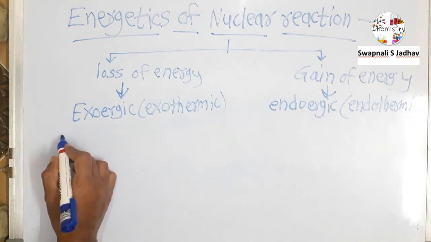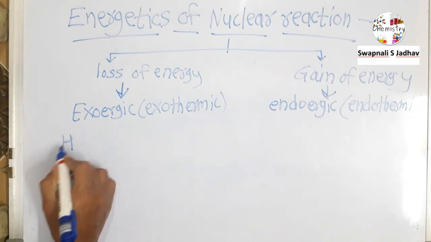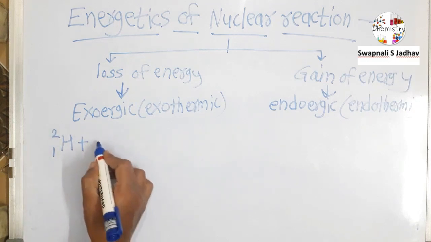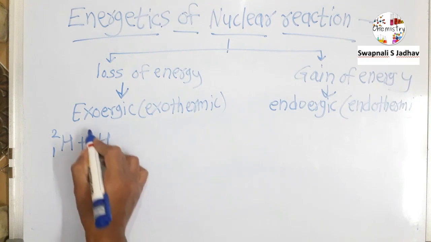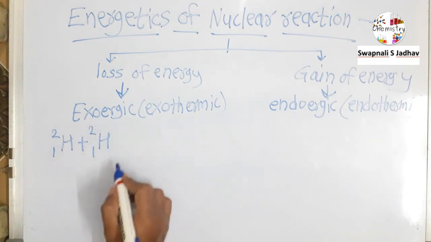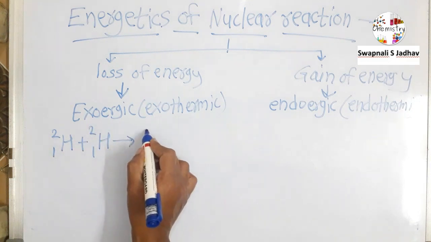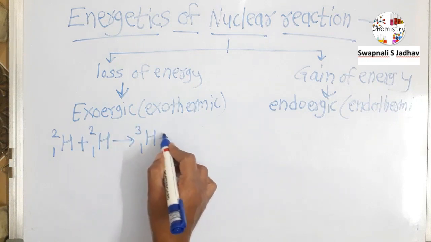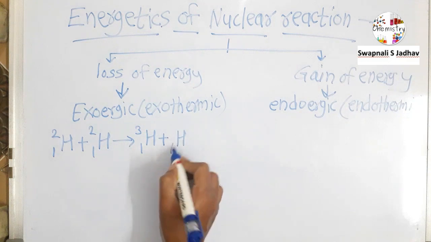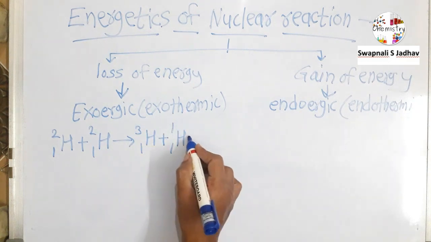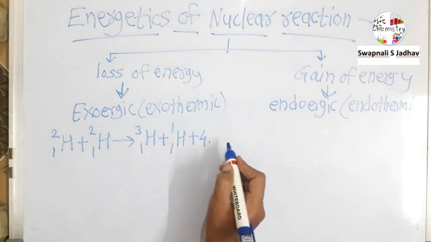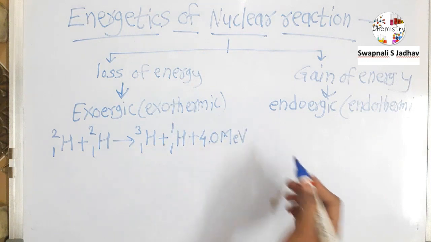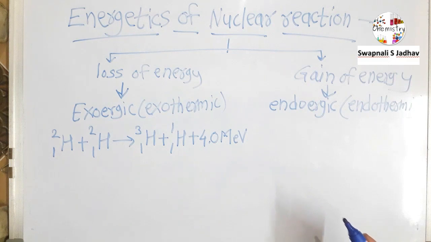For example, when deuterium is bombarded by another deuterium, then there is formation of tritium plus emission of one proton, and here the energy lost is 4.0 million electron volt.